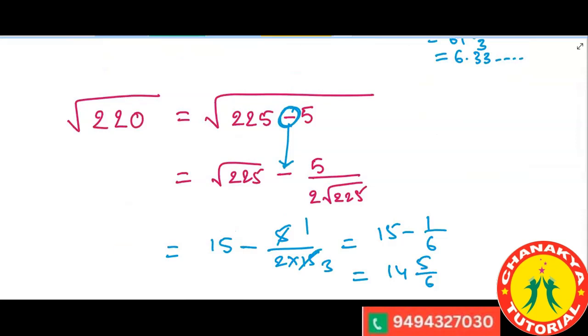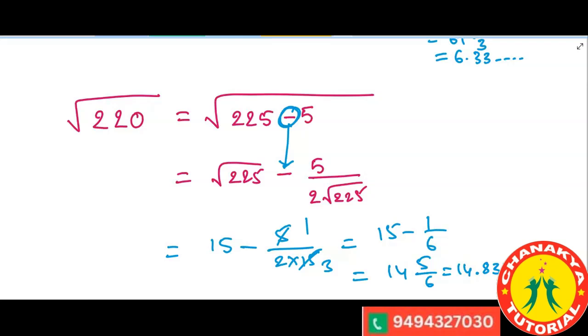Either we can leave this as it is, or we can also represent it in terms of a fraction. So 14.8333, and so on. Understood?